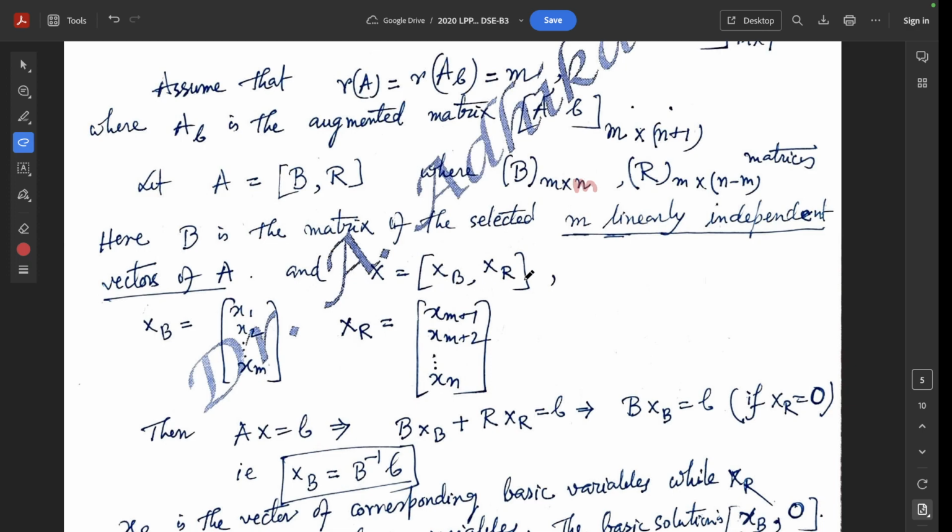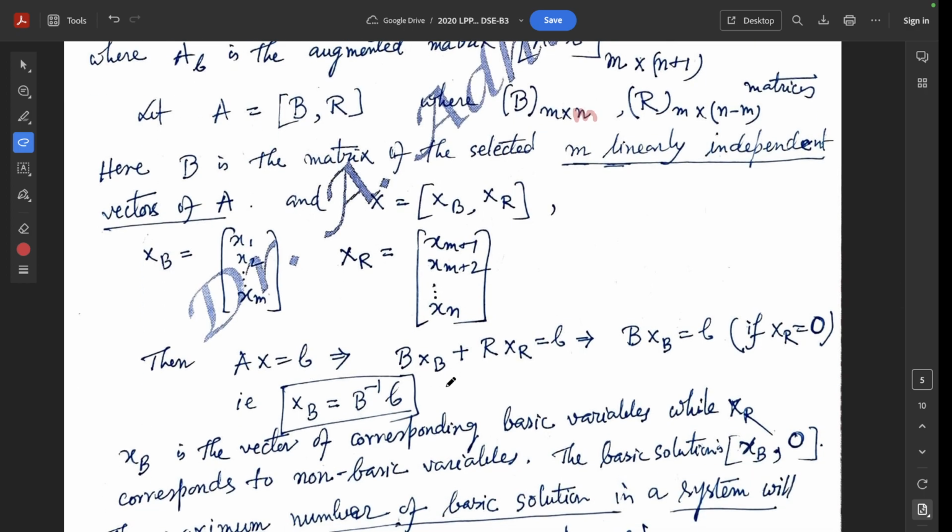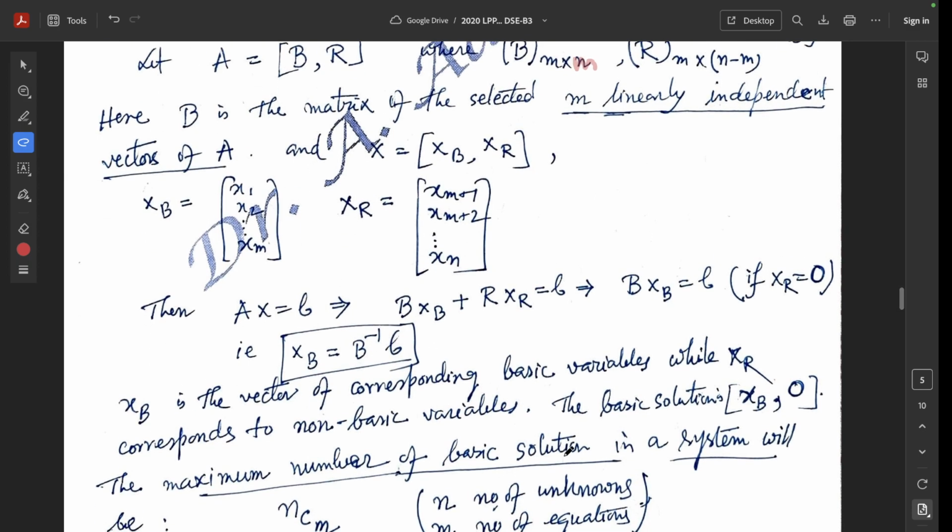and X is equal to XB, XR. XB is X1, X2 to Xm, and XR is Xm plus 1, Xm plus 2 to Xn. Then Ax equal to B implies B XB plus R XR equals B, so if we put XR equal to the null matrix O, then B XB equals B, that is XB equals B inverse B. XB is the vector corresponding to the basic variables, while XR corresponds to the non-basic variables.